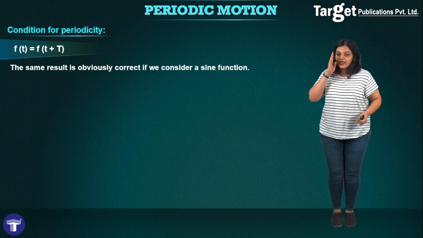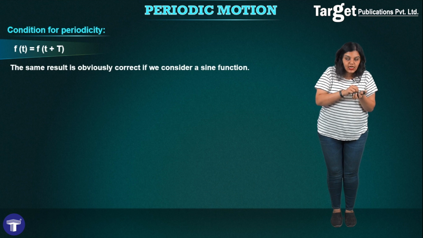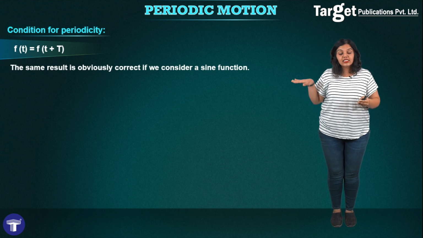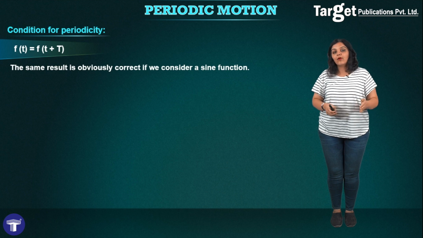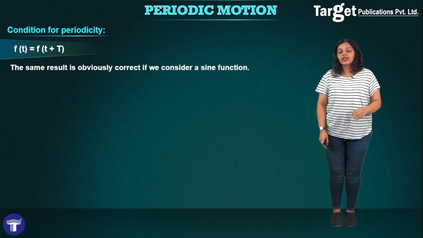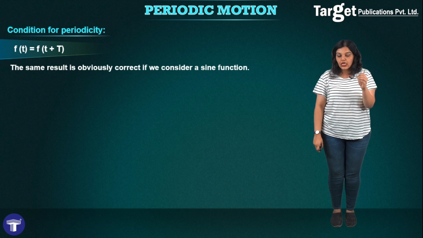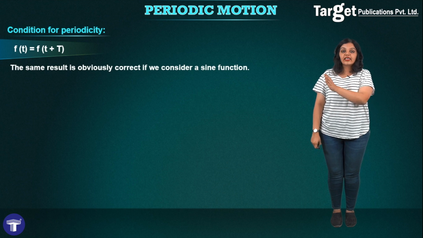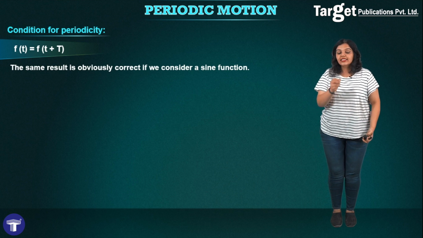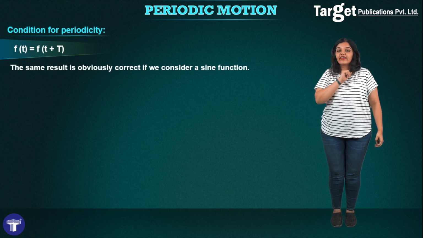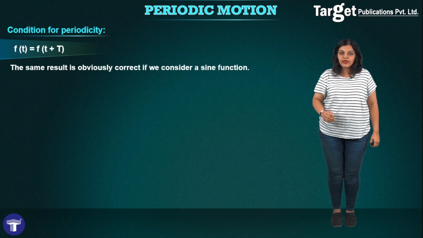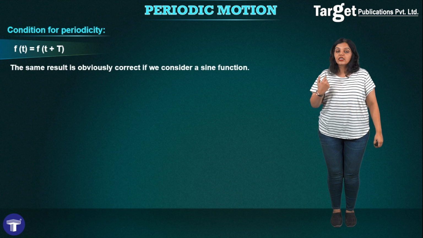It means that if I look at an object and write down its displacement, and then look at that object again after the time period has passed, it will be at the same position. For example, if today I look at the position of the earth, then after 365 days, if I look at it again, the position will be exactly the same. Why? Because 365 days have passed, and 365 days is nothing but the time period of revolution of the earth around the sun.